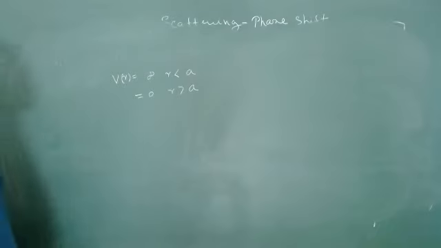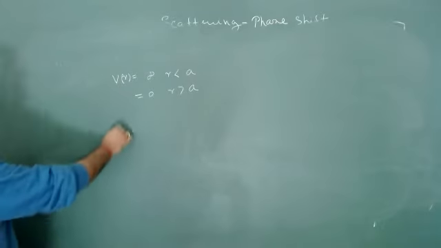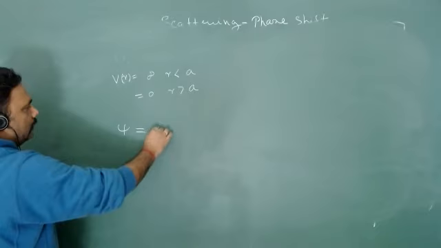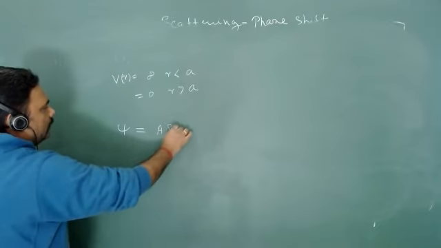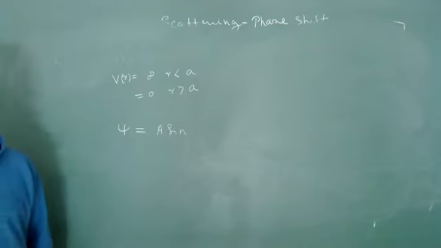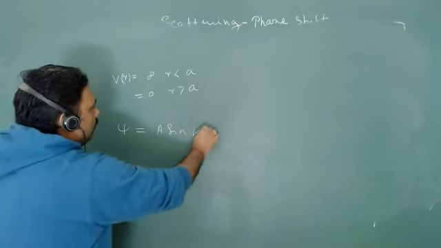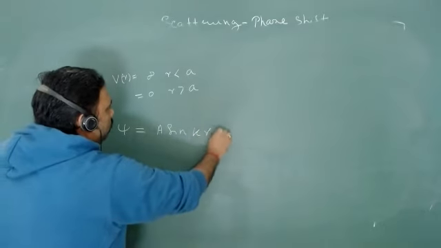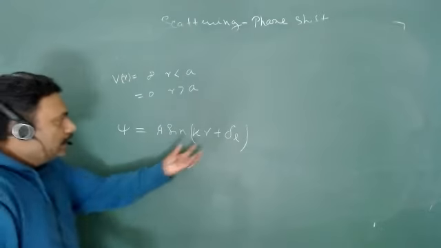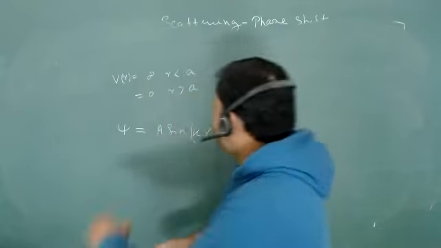So what can we do? We have the wave function in the region r greater than a as A sin(kr plus delta L). Tell me, what will be the wave function in this region?